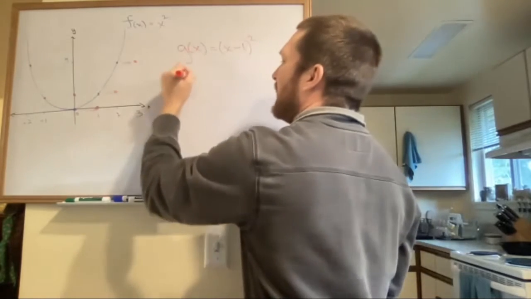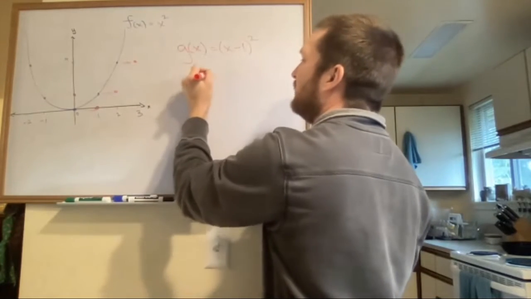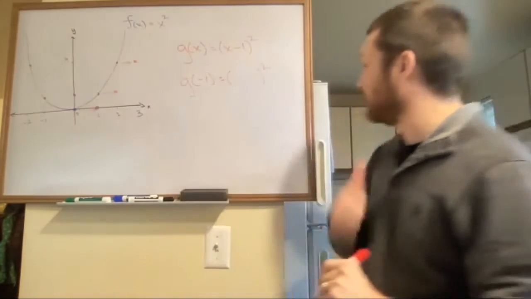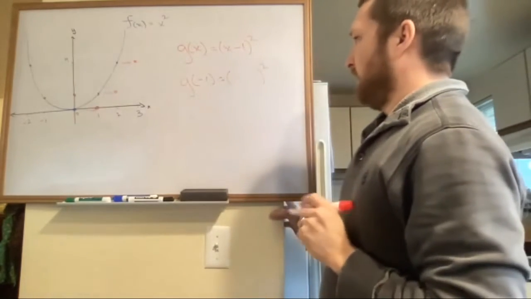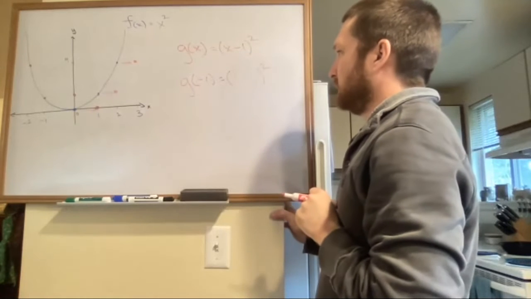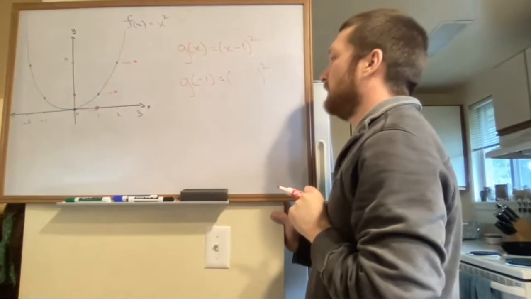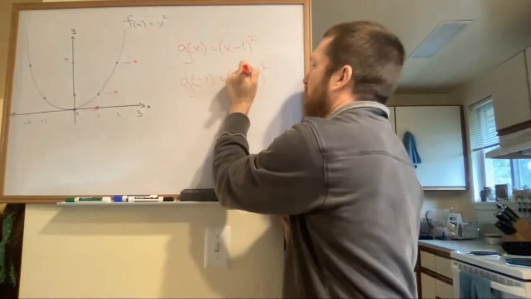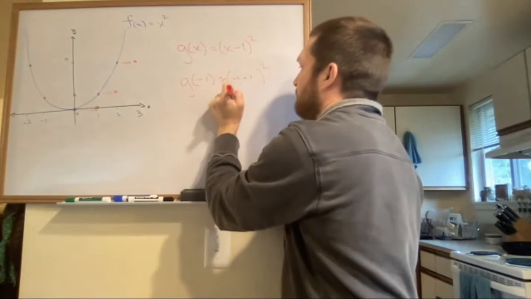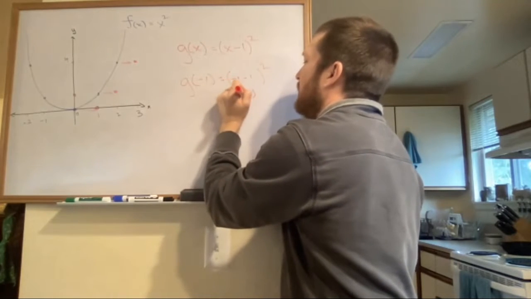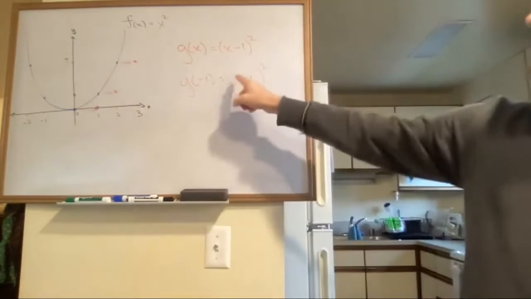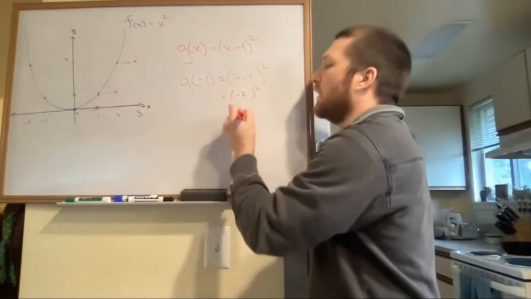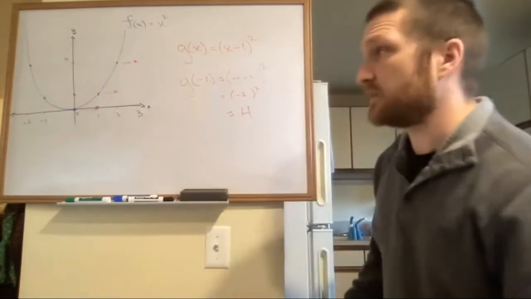What happens when I plug in negative 1? g of negative 1 is what? I believe it's 4, because I plug in a negative 1, minus 1 is minus 2. Minus 2 quantity squared is positive 4.